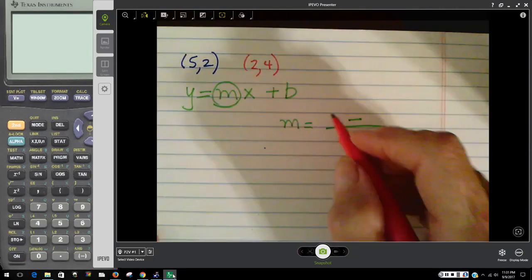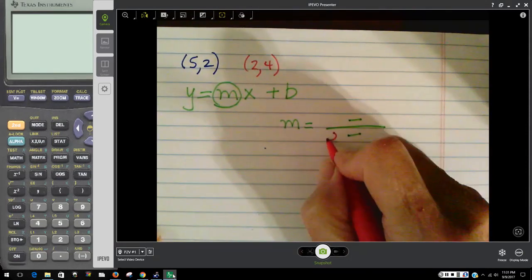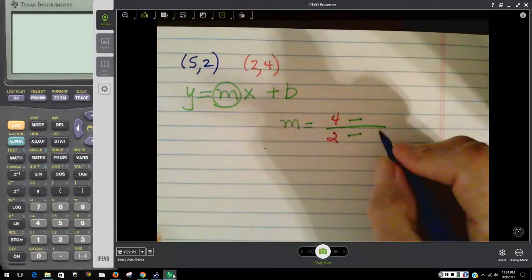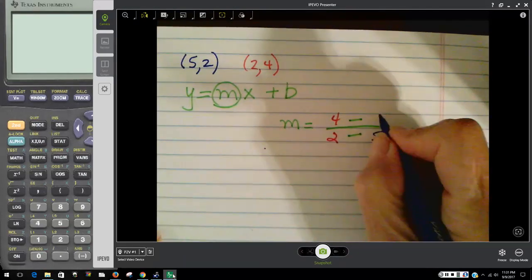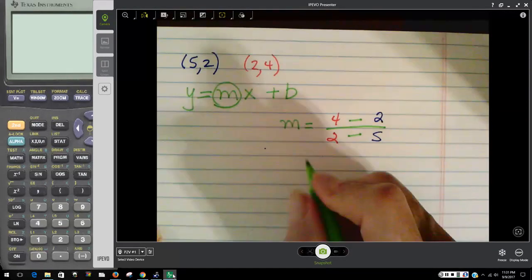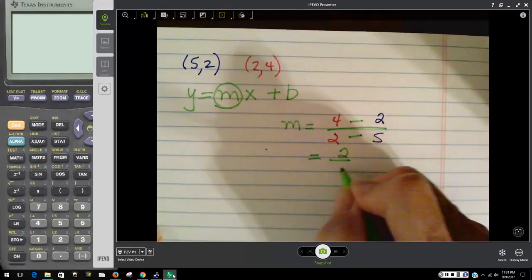So for my first point, 2, 4, and my other point, 5, 2, the slope is going to be 2 over negative 3.